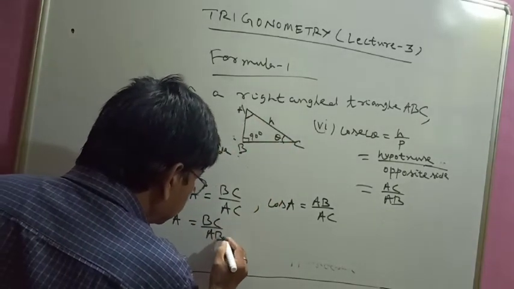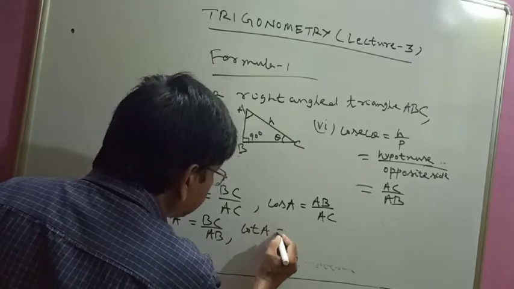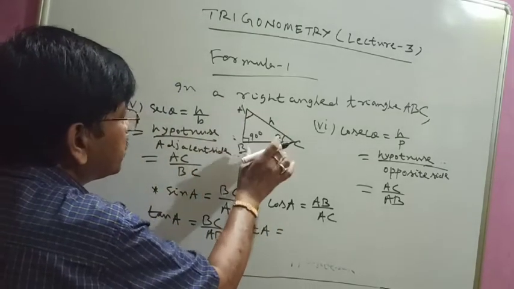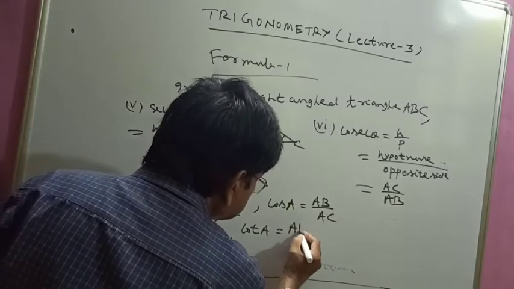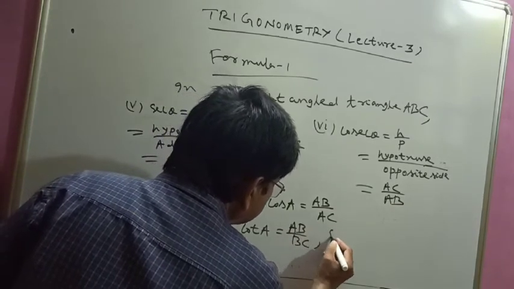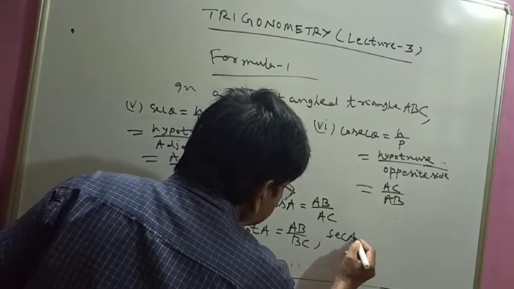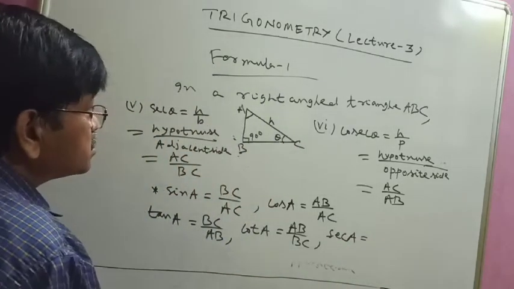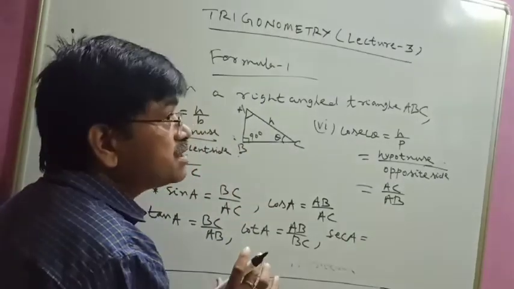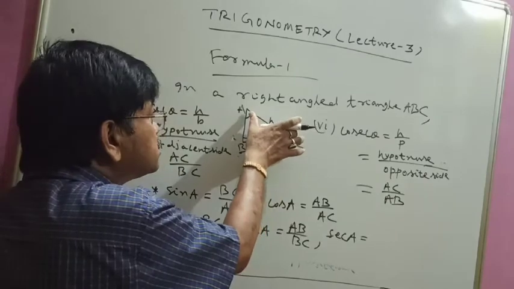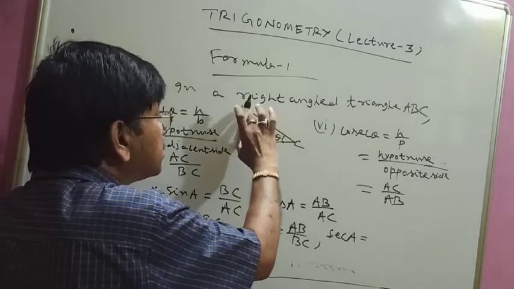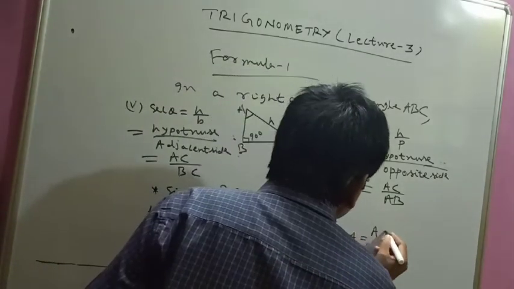And cot A is B by P, adjacent side by opposite side. So it is AB by BC. And sec A is H by B, hypotenuse by base, and base means adjacent side. The adjacent side to this angle is AB, so that is AC by AB.